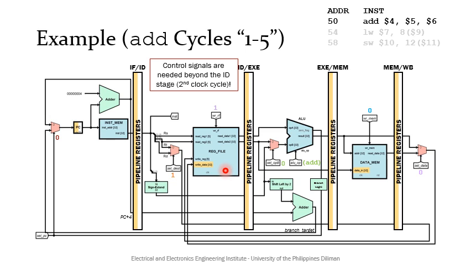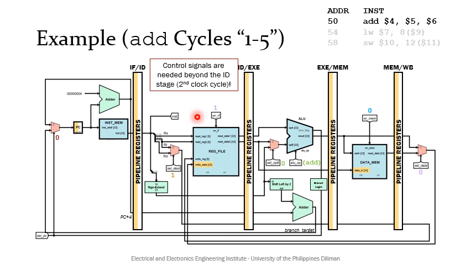Now note how we needed different control signals across different clock cycles, even when the instruction was just decoded at the second clock cycle. Now, given the fact that pipeline operation executes instructions in a simultaneous or parallel manner, by the third clock cycle of add, the control unit already sees a new instruction, which is the load word instruction, and that is being decoded at the second clock cycle.